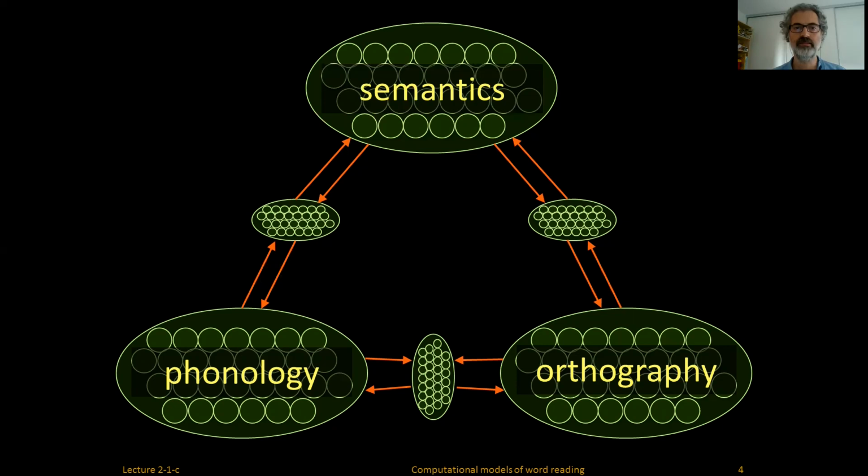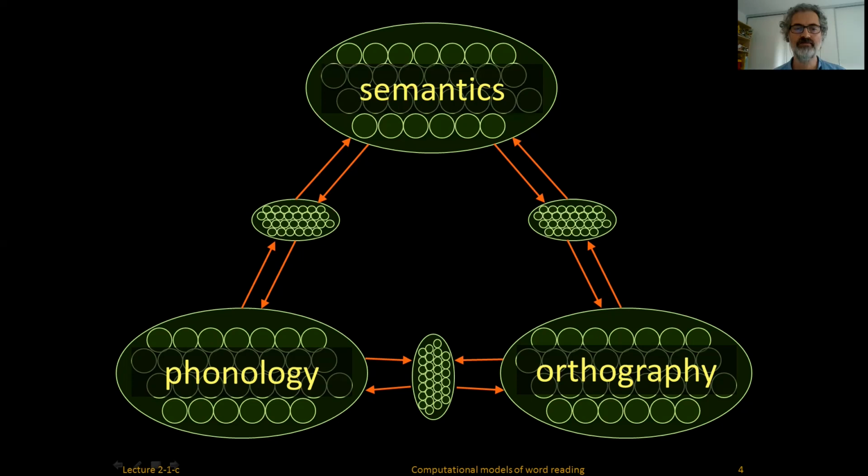In a model like this, all the units in all of these layers operate in parallel, simultaneously, activating, connecting up to others, and activating or inhibiting them. So there are positive connections that activate one another, and there are negative connections by which a unit can inhibit another unit.